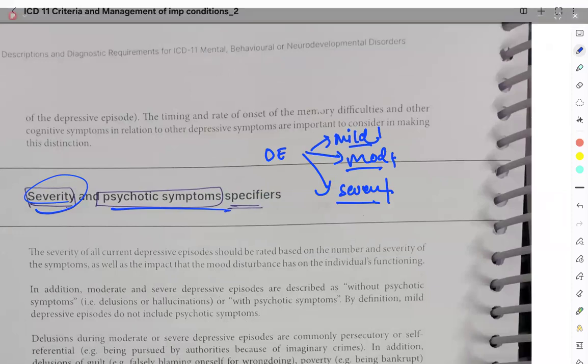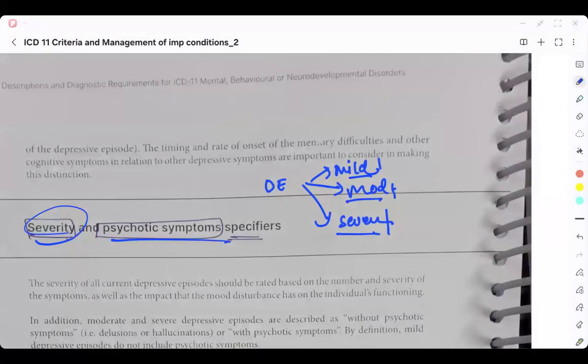Generally, for a mild depressive episode, the symptoms are few, the intensity isn't that high, and the person seems to be functioning all right. There might be some issues or difficulty, but essentially, for the most part, the life hasn't been affected too much.